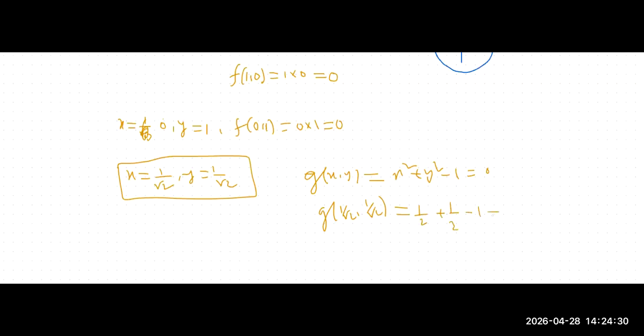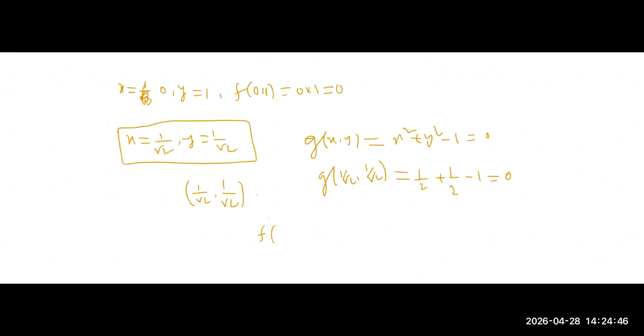That is, this point belongs to our constraint g of x comma y. So for this point, what is our functional value? The x value 1 by root 2 times the y value 1 by root 2 is half.